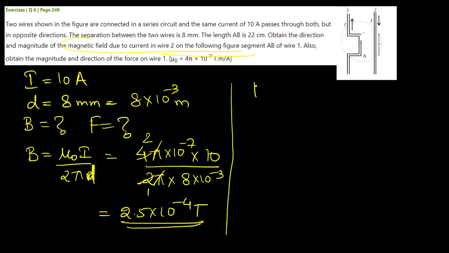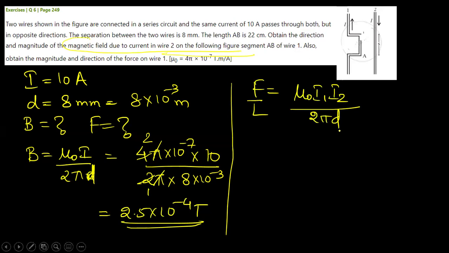The second thing, they are asking to find the force. The force due to two parallel wires is given by mu naught I1 I2. Force upon L is mu naught I1 I2 upon 2 pi d. So the force you are supposed to find out. F will be equal to, I'll take that L to that side. The L value is 22 centimeter, it is 22 into 10 raised to minus 2 meter.